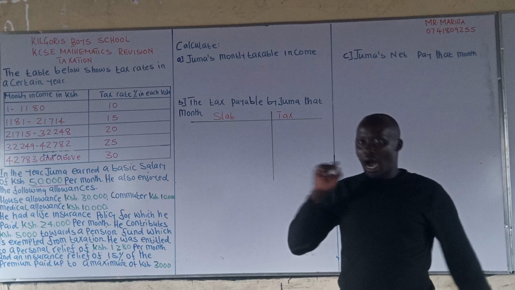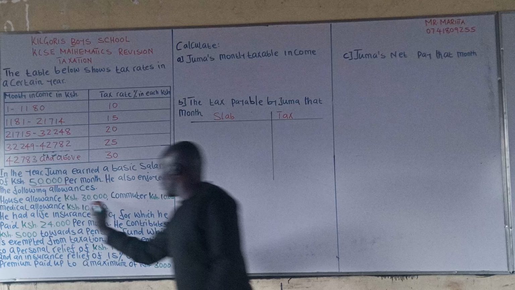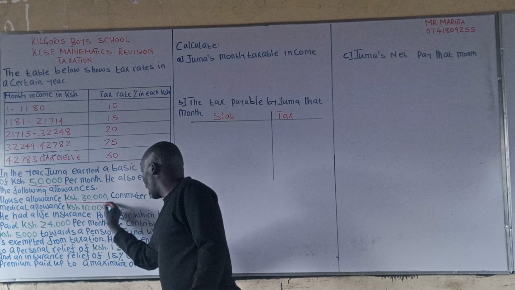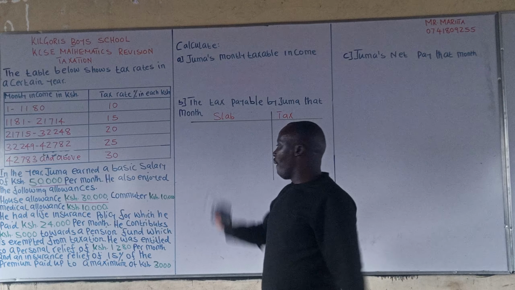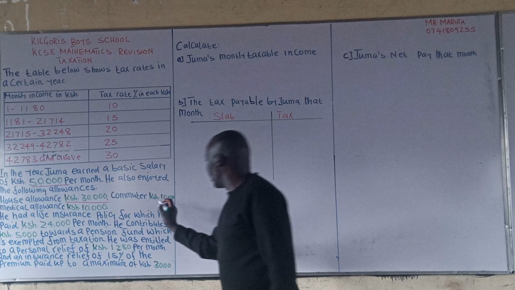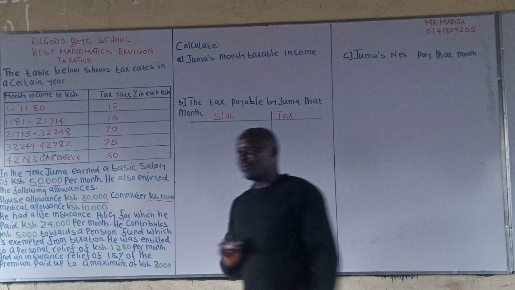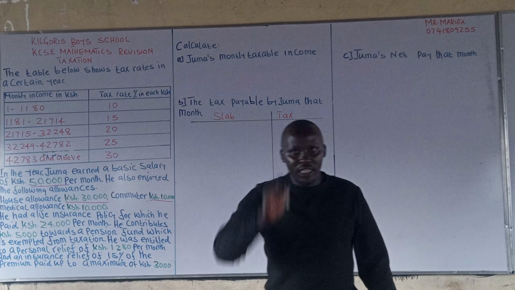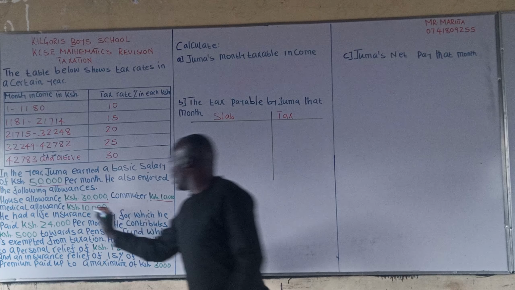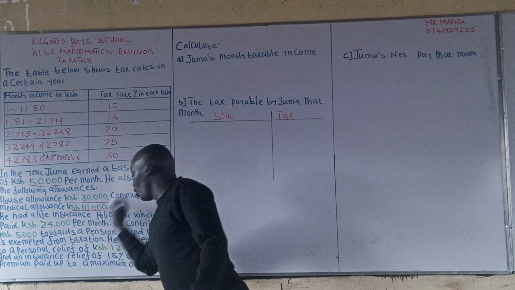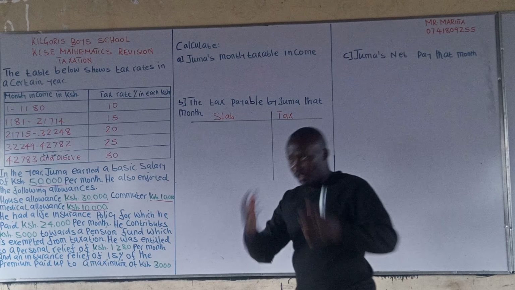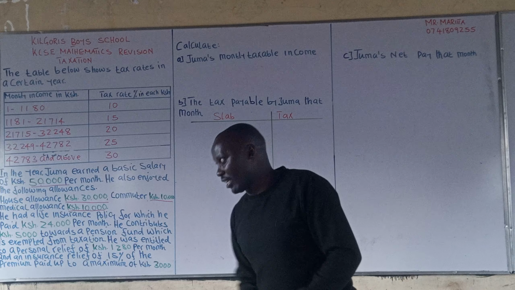One, a house allowance of Kenya shillings 30,000. Then we have a commuter allowance of Kenya shillings 10,000, and then a medical allowance of Kenya shillings 10,000. So these are the allowances that he is enjoying apart from the basic salary.